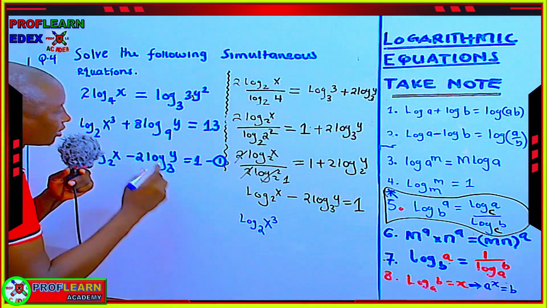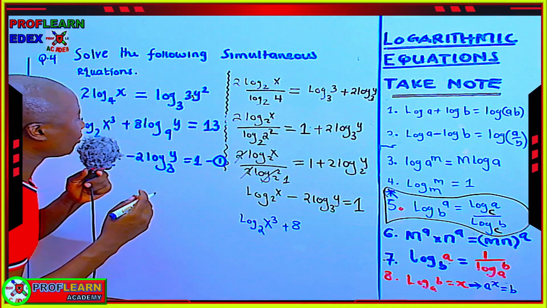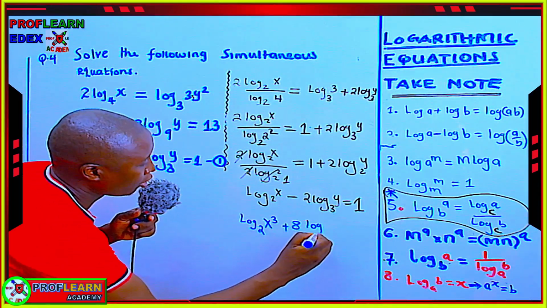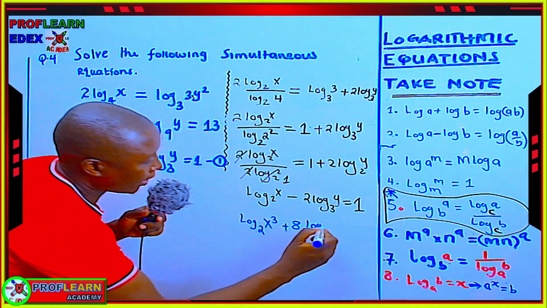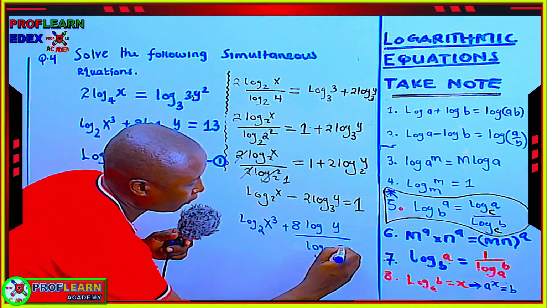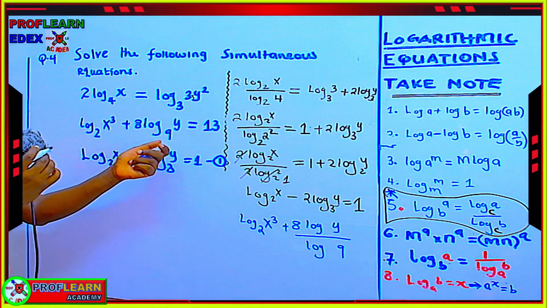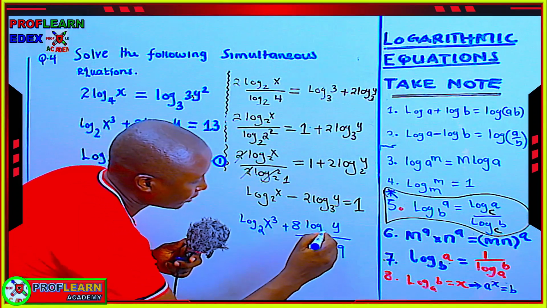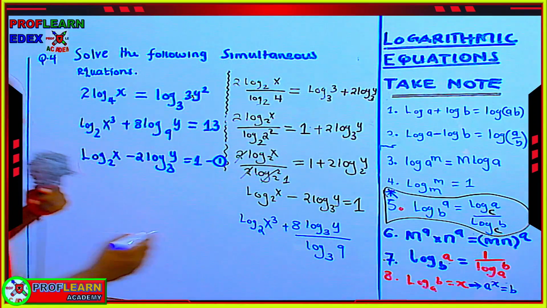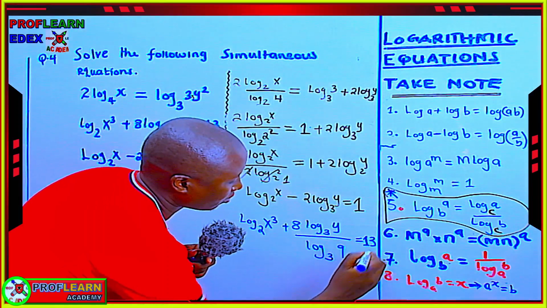Then this one is not doing well, so we are going to say that is going to be 8. We have to deal with it harmoniously, and this is going to be log of y over log of 9. We want to introduce base 3, so we shall say base 3. And everything here is equal to 13.